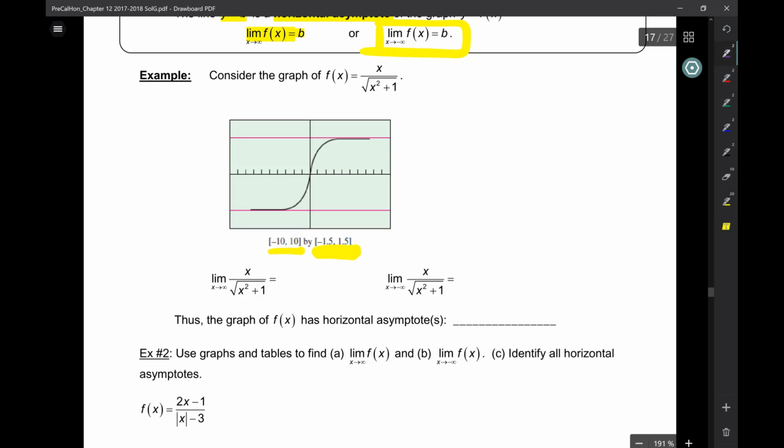So as x approaches infinity, what vertical value is that graph approaching? Is it 1.5? Because 1.5 is all the way up there. So let's think about that. As x approaches infinity, if x is infinitely large, in this equation, is the 1 going to make a difference?